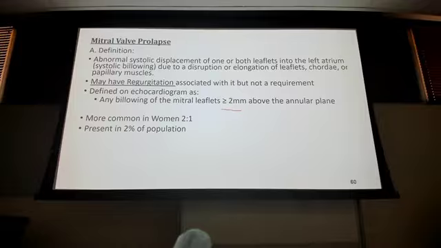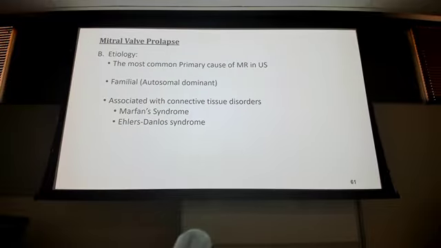So you won't necessarily have a regurgitation. But it could, if that excessive billowing does lead to opening of the valve, then you can get that regurgitation present. Mitral valve prolapse is present in about 2% of the population and is more common in women. But not everyone is going to have regurgitation associated with it.